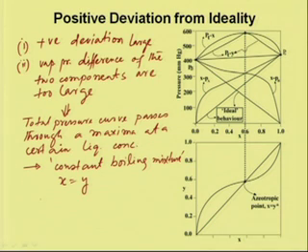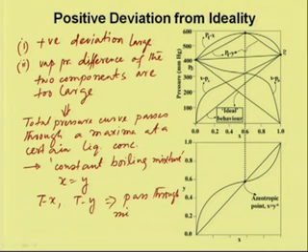If we plot T x or T y, this should pass through a minima. That is why this mixture is known as the minimum boiling azeotrope.